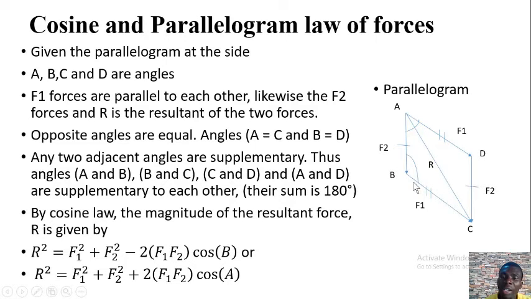Or you use the angle adjacent to the angle between F1 and F2, that's either angle A or C. When you are considering those angles, the sign has to change to plus, and you have your expression to be R squared equals F1 squared plus F2 squared plus 2 times the product of F1 F2 cos angle A or C.